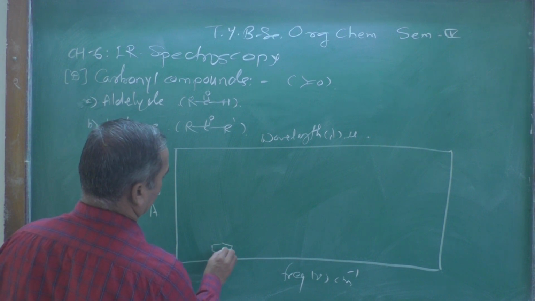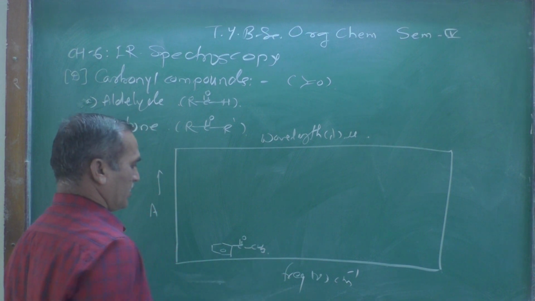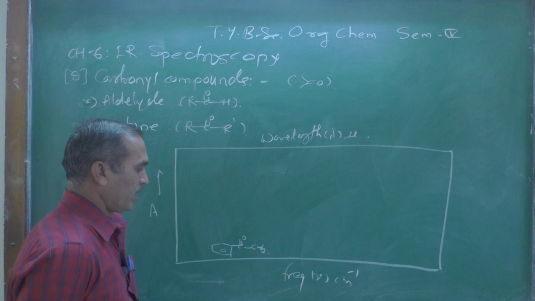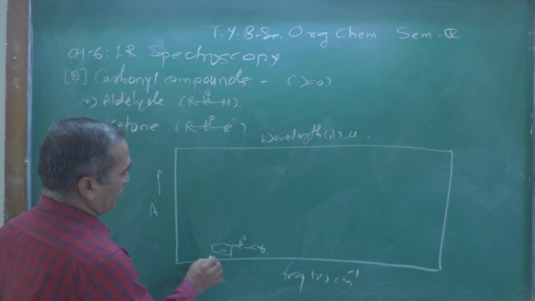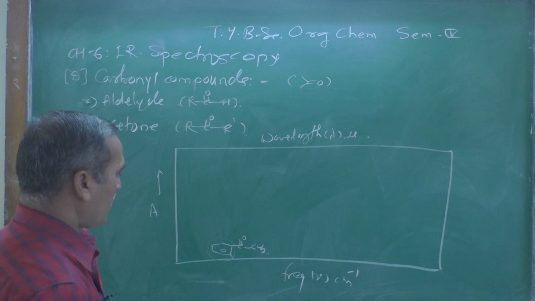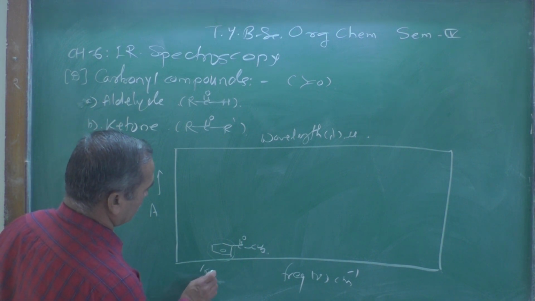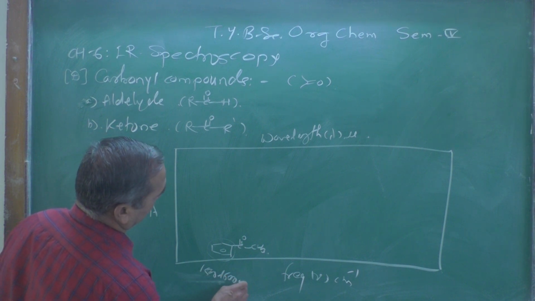As we know, this is the structure of acetophenone. If you see theoretically how many peaks are observed, look here, there is an aromatic compound present. For the aromatic compound, the peak will be observed around 1500 to 1600 per centimeter.